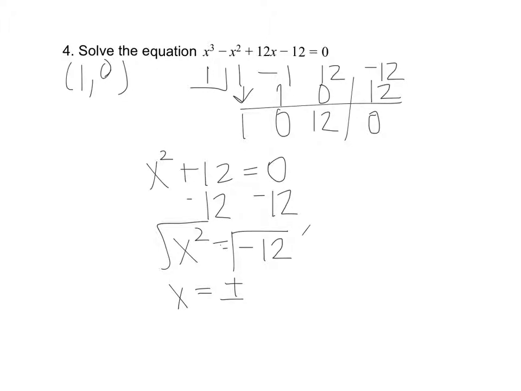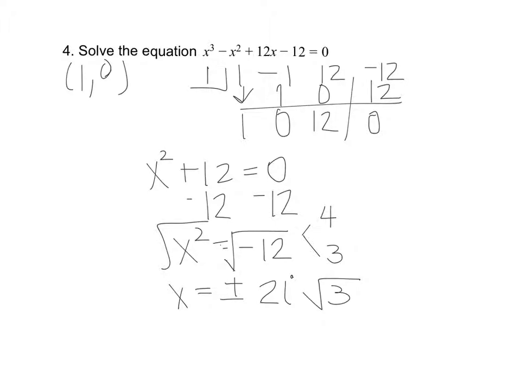Now we have to simplify the square root of negative 12. Well, 12 is 4 times 3. Square root of 4 is 2. So I'm going to have a 2. The square root of a negative always involves i. So we have i. And then what's left underneath this square root is 3.